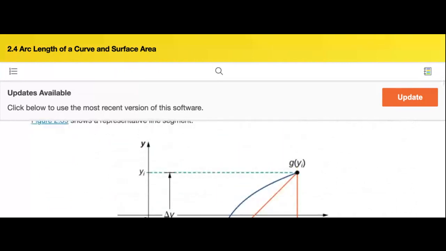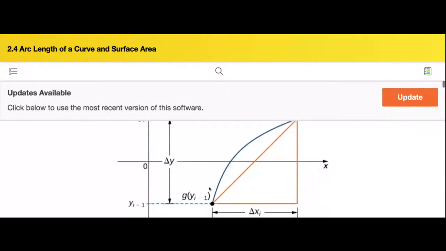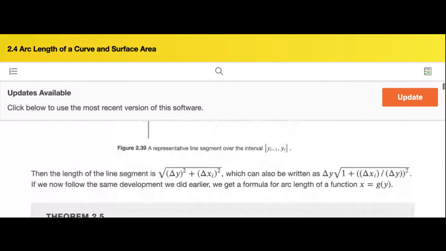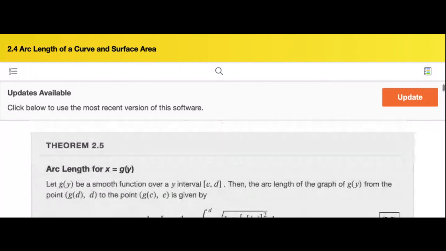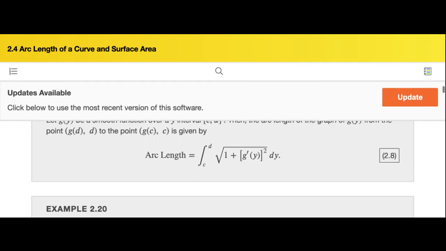Okay, sometimes we want to find arc length in terms of y. In that case, we just set up the integral as the square root of 1 plus the derivative in terms of y squared. Okay, that's the only difference.